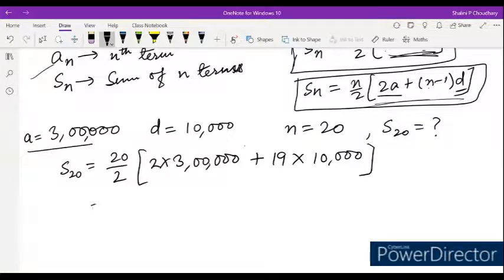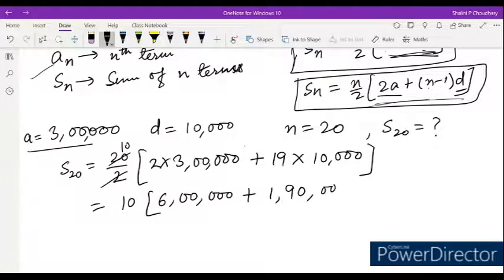So what value will we get? This will be 10, multiplied by 3 lakhs into 2, that is 6 lakhs, plus 19 into 10,000, which is 1,90,000. So 6 lakhs plus 1,90,000 will be 7,90,000.